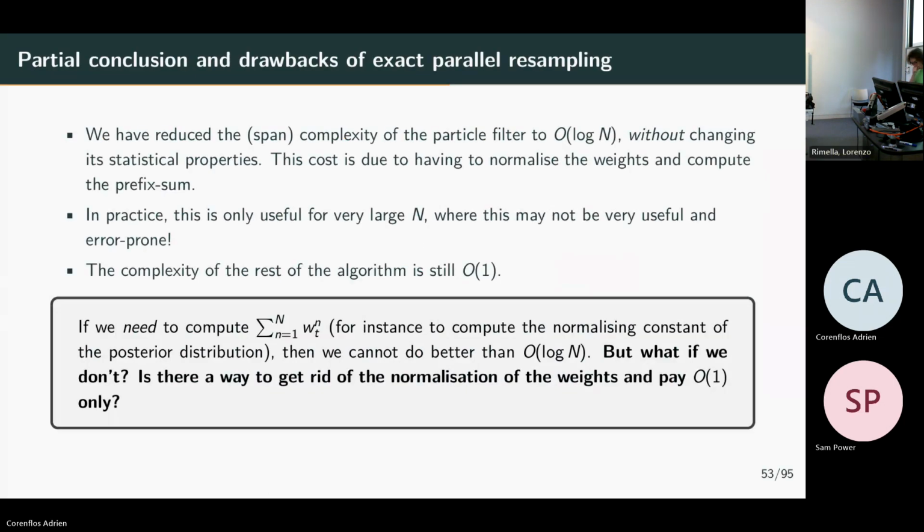Okay. So what this method does is it reduces the complexity from n to log n. We've seen how, but only for an n that's small enough. And so, can we get rid of the normalization of the weights, the sums, and still pay O(1) or O(log n) in a sense? Log n is fine.